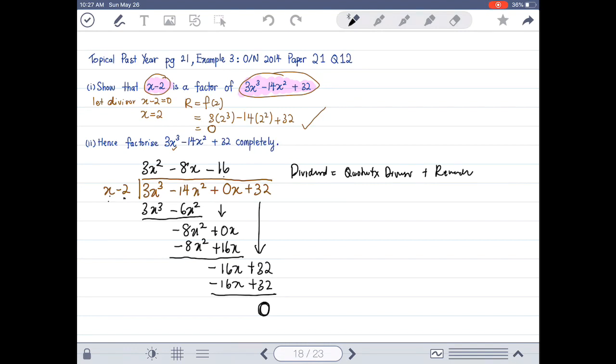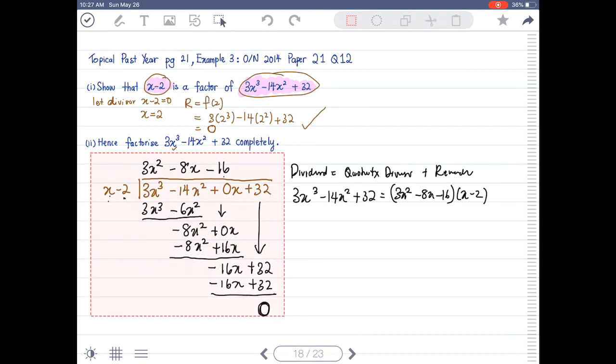Our dividend is 3x to the power of 3 minus 14x squared plus 32 equals our quotient, which is 3x squared minus 8x minus 16, times our divisor, which is just x minus 2, plus our remainder, which is just 0. So you don't have to write the remainder, it's just equal to 0.